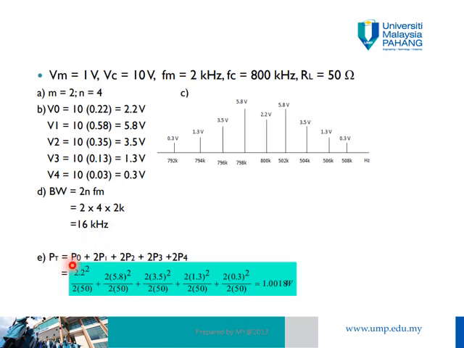PT equal to P0 plus 2 P1 plus 2 P2 plus 2 P3 plus 2 P4, because P0 is this one, for P1 we have 2 sidebands, P2 also we have 2, and so on. So adding everything, we got 1 watt.